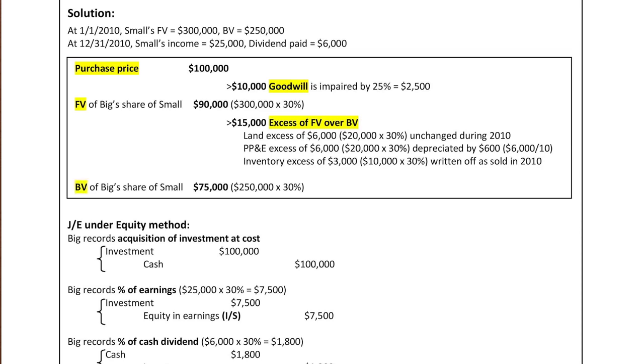Now let's quickly look at the journal entries under the equity method. So when big acquires 30% of small, the investment is recorded at cost. So the investment is debited for $100,000.